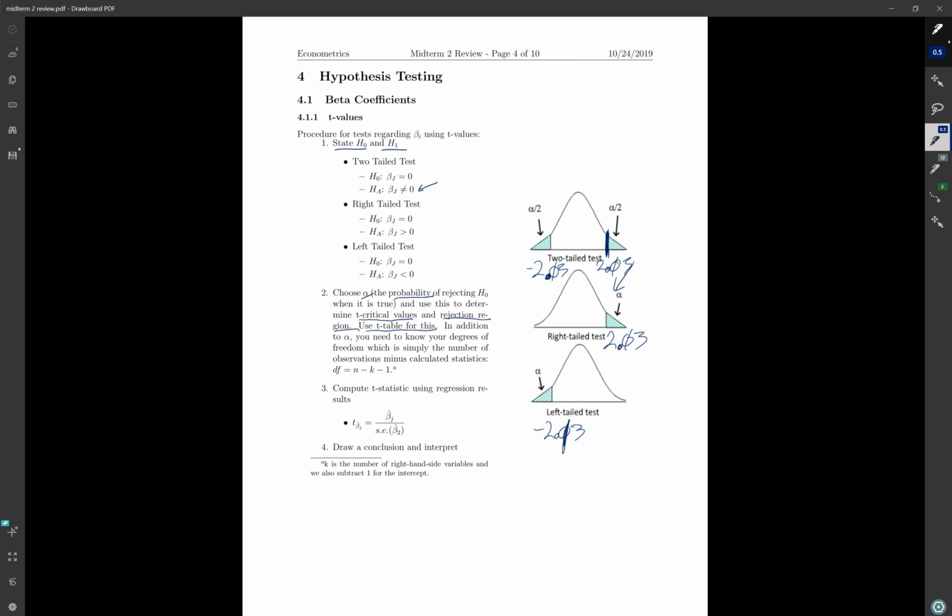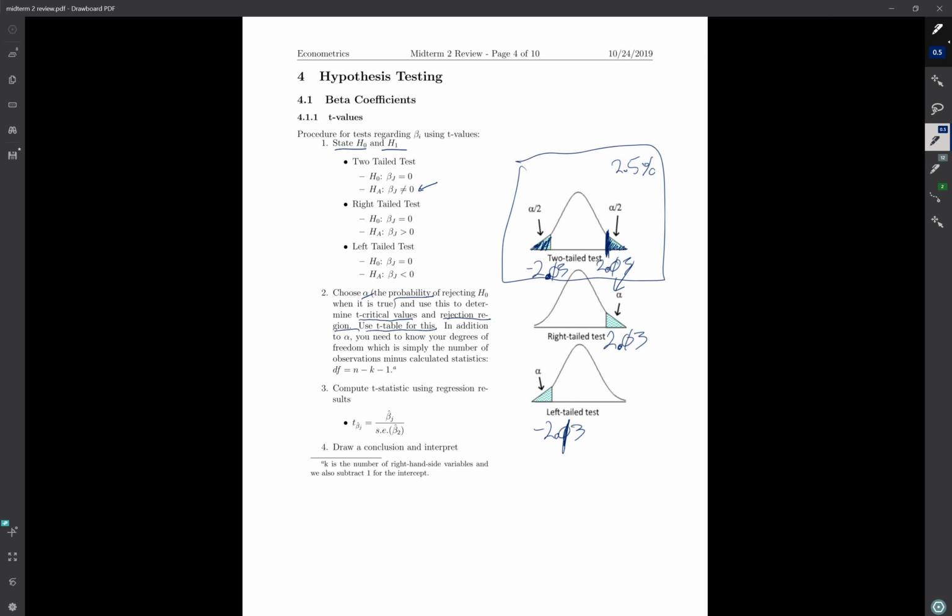So basically what this first one is saying is that there's alpha over 2, or 2.5% of the probability space to the right of this 2.03. And same thing here, there's 2.5% of the probability space to the left of negative 2.03.